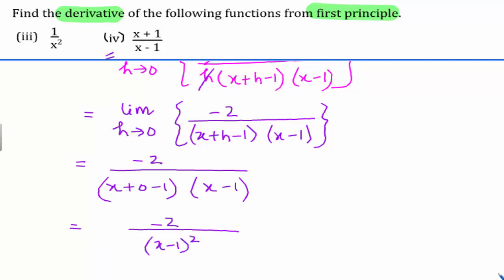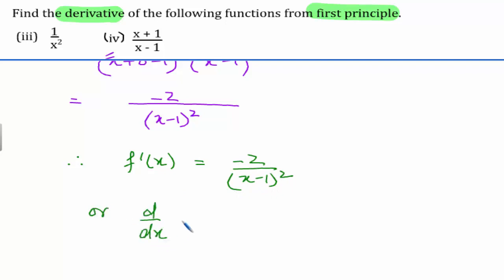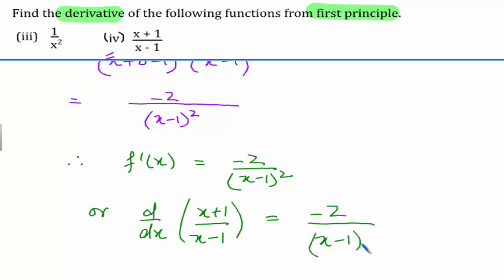Therefore f dash x is equal to minus 2 divided by x minus 1 whole square, or we can say that d/dx of the function x plus 1 divided by x minus 1 is equal to minus 2 divided by x minus 1 whole square. This completes the solution.